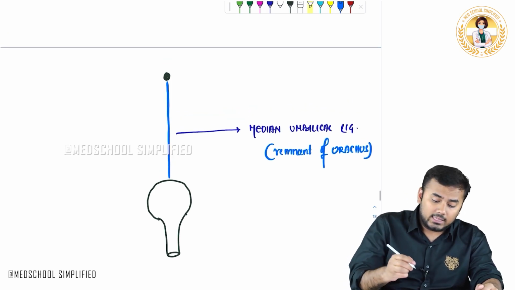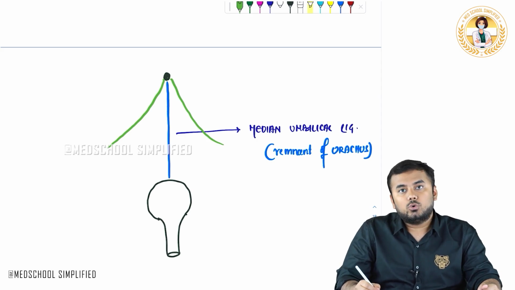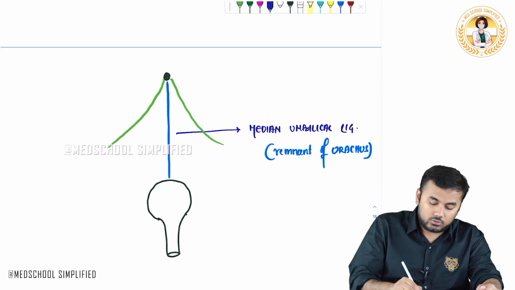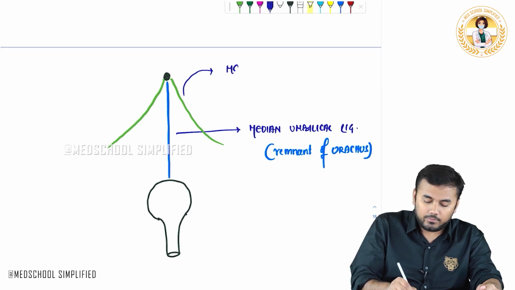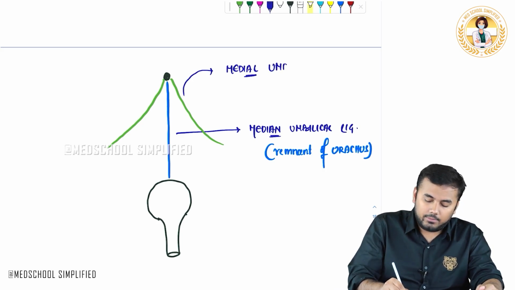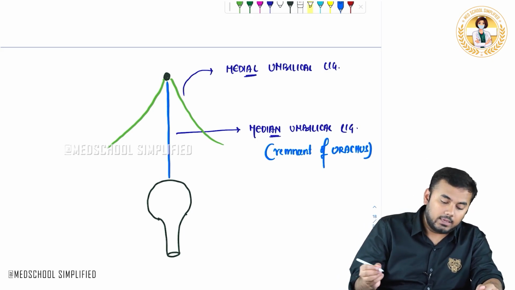On either side of the umbilicus, you have 2 ligaments hanging down like this. These 2 ligaments are called the medial umbilical ligaments. This time it is called medial. This is medial, this is median. Now what are these medial umbilical ligaments?